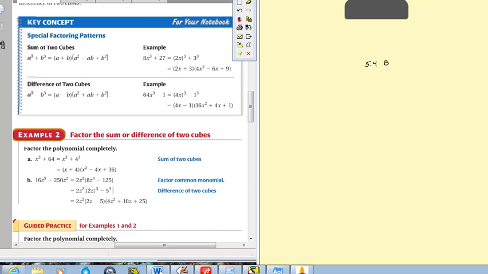This is 5.4b, still factoring polynomials, and this is the special factoring patterns of a sum of two cubes or the difference of two cubes. This is a pattern that you'll have to memorize.